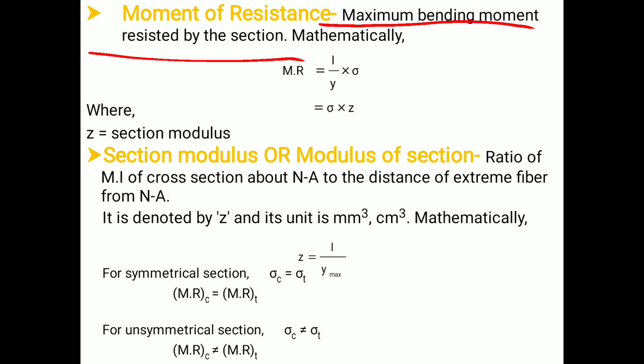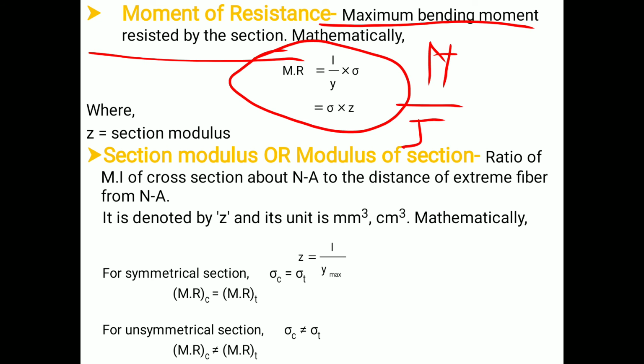In simple terms, the maximum external bending moment resisted by the section is nothing but the moment of resistance, and by the flexural formula, M upon I equal to sigma by y equal to E upon R. If I concentrate on the first two terms, we have M equal to I upon y into sigma.